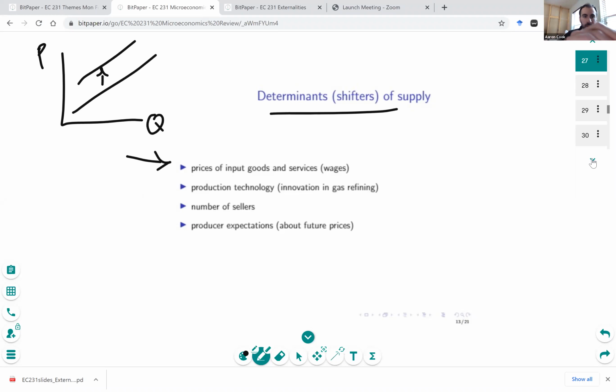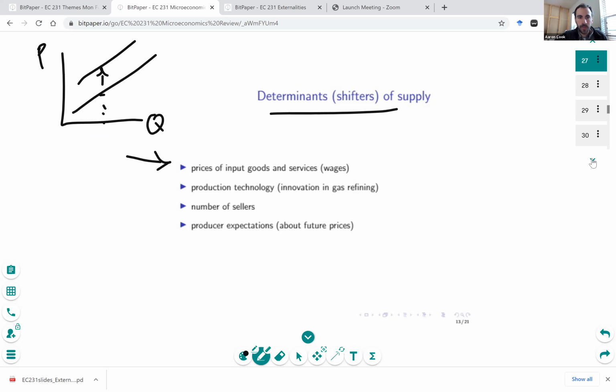So now, in order to produce Q bar, for example, suppliers are going to require a higher price than before because their input costs have gone up. So that's one thing that can shift the entire curve and make producers willing to supply a little bit less or requiring a higher price to supply the same amount that they did before.